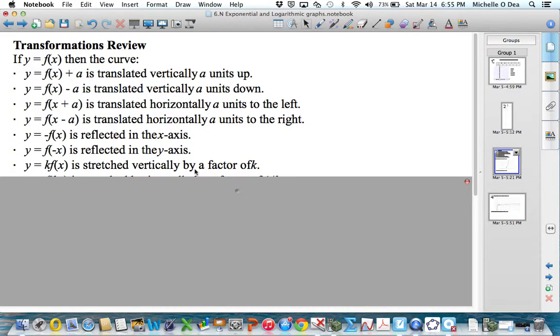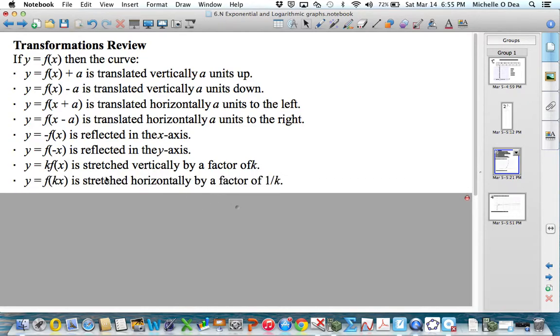And then our last two, if we multiply the function by a constant, call that k, the k is outside the function, so it's a vertical stretch, and it will be stretched by factor k. So if this is 2, it gets stretched by a factor of 2.